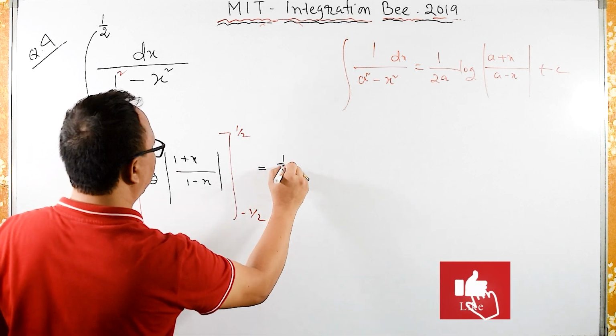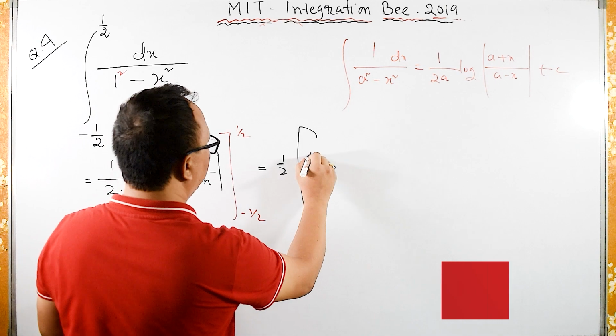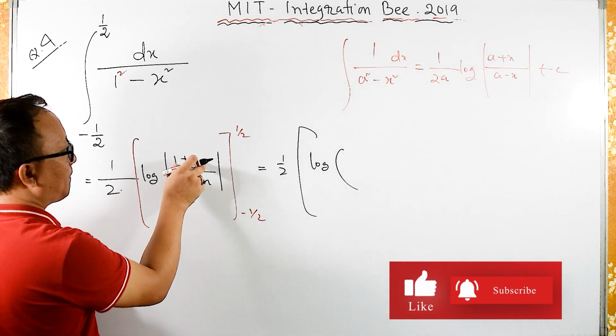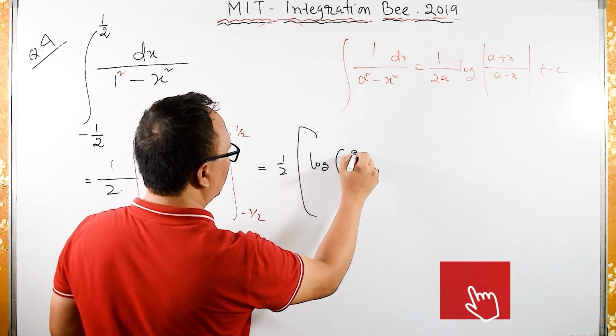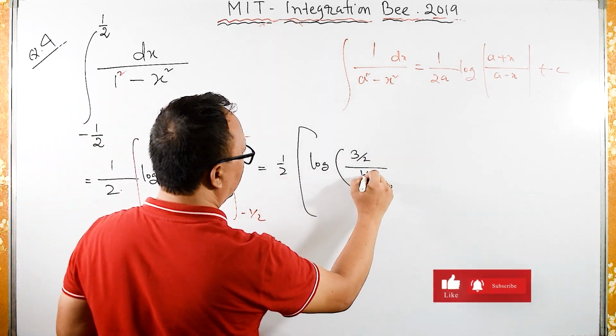Substitute upper limit minus lower limit. Here we have log of, half plus 1 is 3 by 2, upon 1 minus half is half.